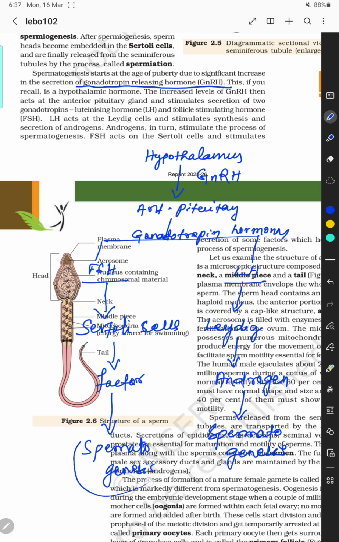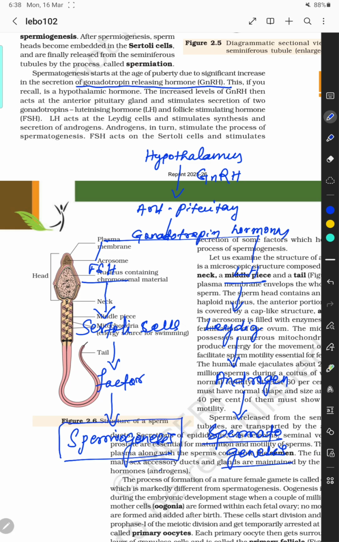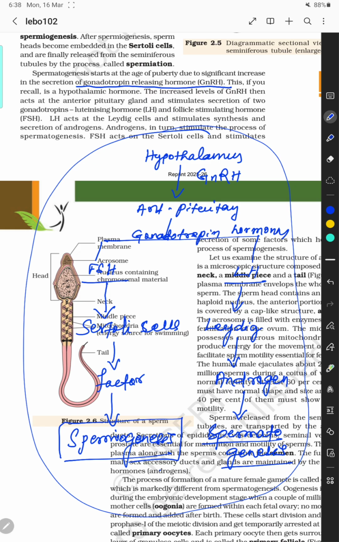Rather, I can say more appropriately, it helps in spermiogenesis, since spermiogenesis is a part of spermatogenesis only. So this is all about the hormonal control of spermatogenesis. You can write this in the exam in schematic form.